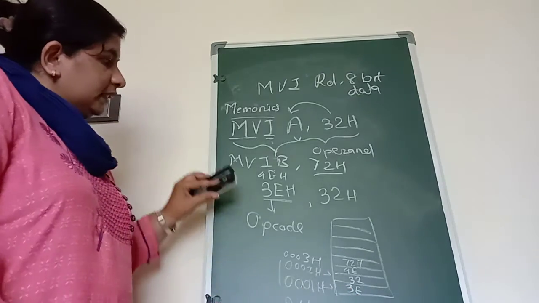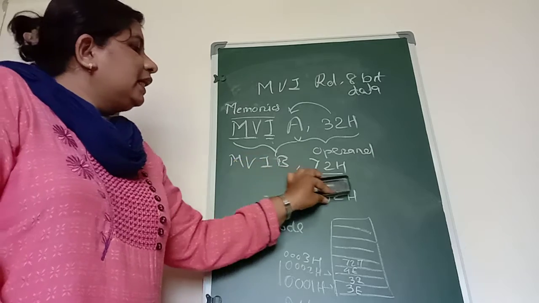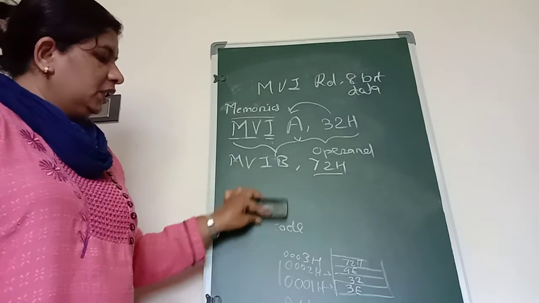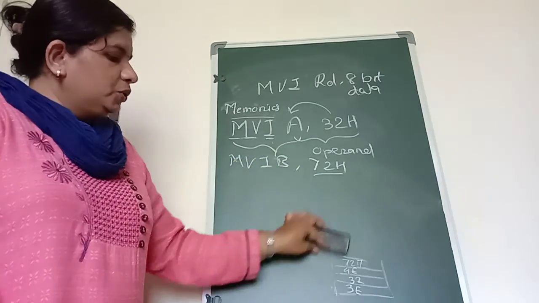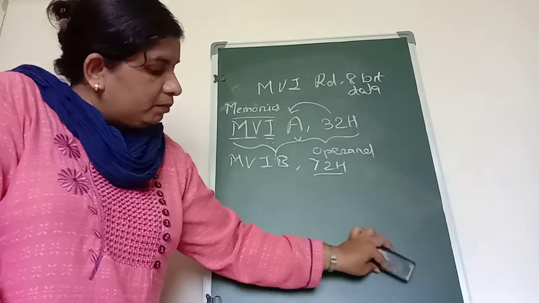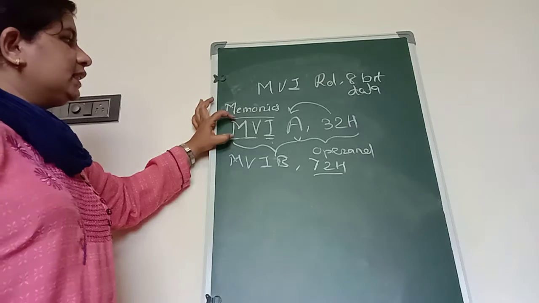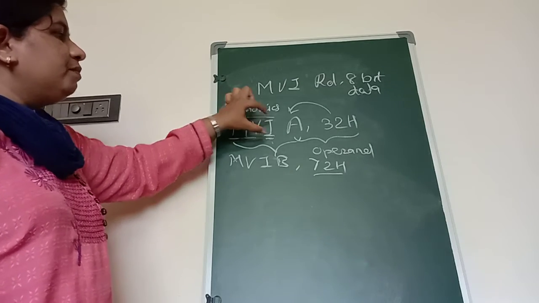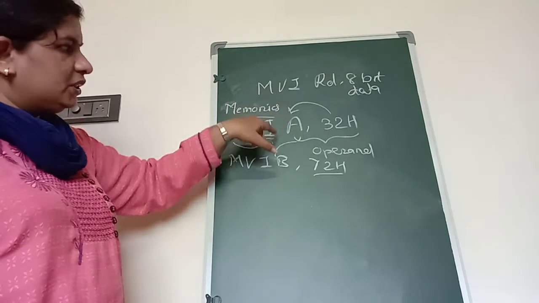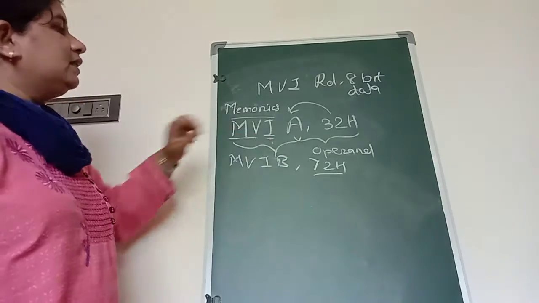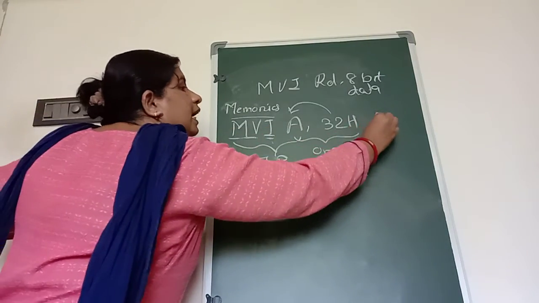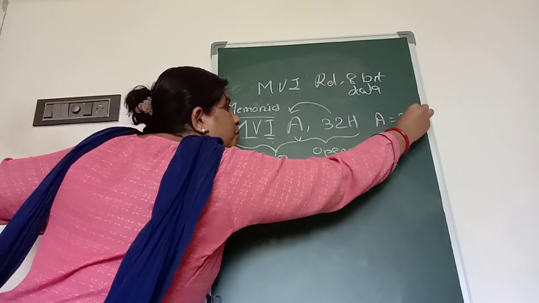At this point we need to remember that in the case of a 2 byte instruction, the processor uses 2 memory locations to store the instruction. In this instruction, move immediate number into accumulator, which is a 2 byte instruction, after execution A will be loaded with 32H.